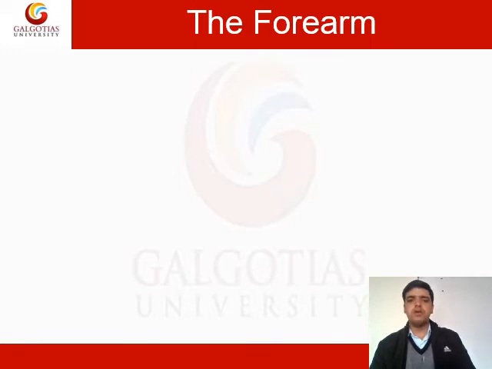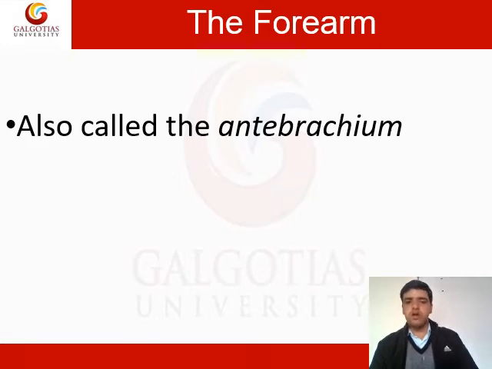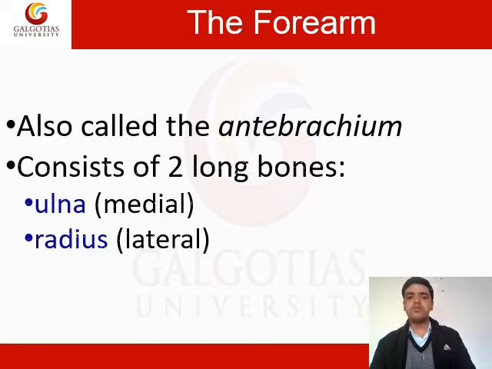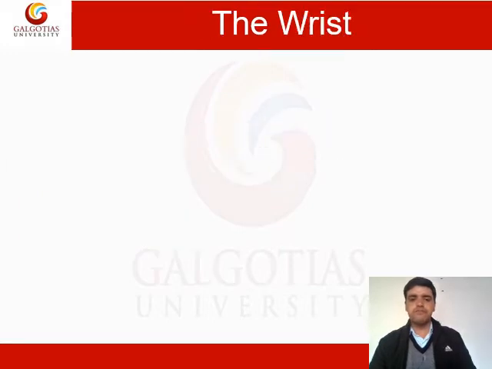The forearm is also called the antebrachium. It is formed by two long bones, the radius and ulna. The ulna is located medially and the radius is located laterally.